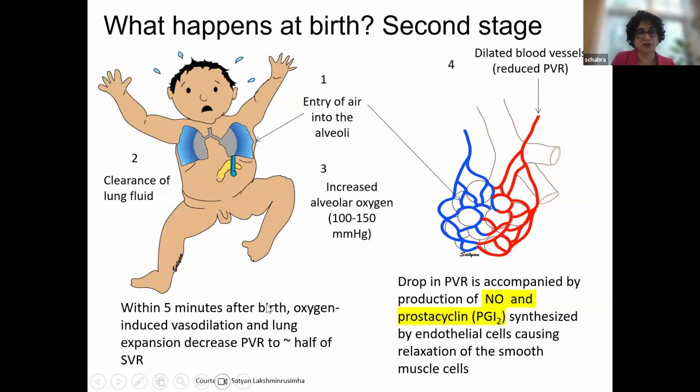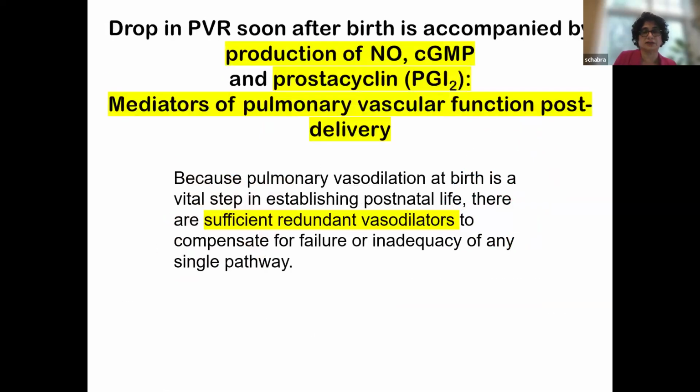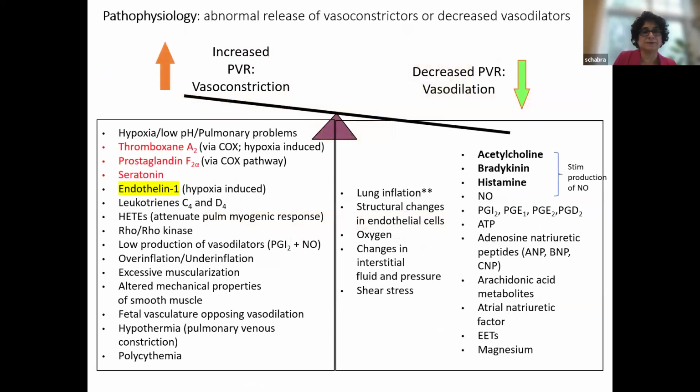Within 5 minutes of birth, oxygen-induced vasodilation has occurred, and lung expansion decreases pulmonary vascular resistance to half of the systemic vascular resistance.